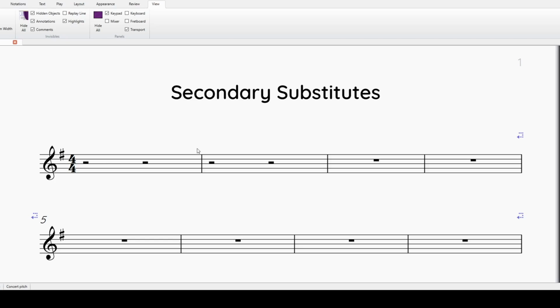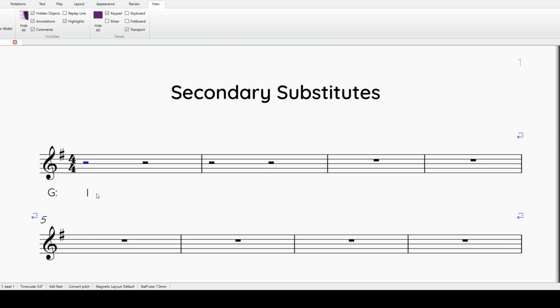So, in this example we are in the key of G major. And what we should do, as always, is deal with the basic triad first before we move on to 4-part harmony. So, the first secondary substitute we have is chord 6, and that is a substitute for chord 1.